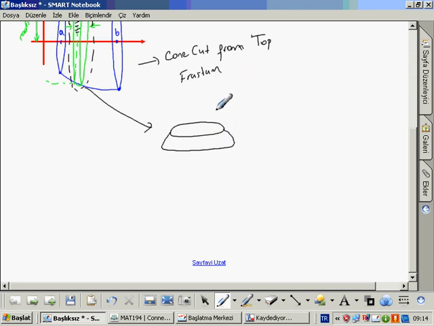It may be like that, and maybe this part is L, and we have two radii, this one is R2 and this one is R1, and also this part is delta X and this part is delta Y.